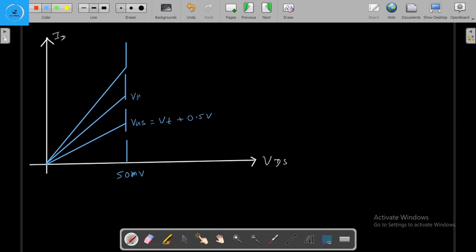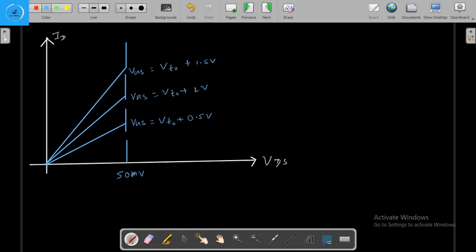We have drawn this for VGS equal to VT plus 1 volt. This is for VGS equal to VT, where VT is the threshold voltage, plus 1.5 volt.